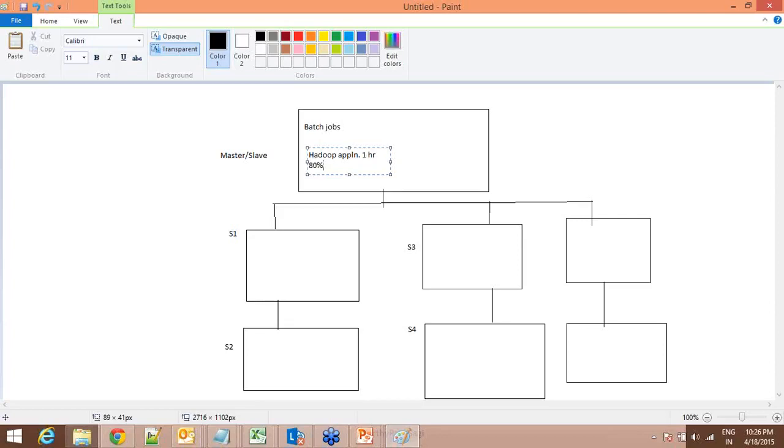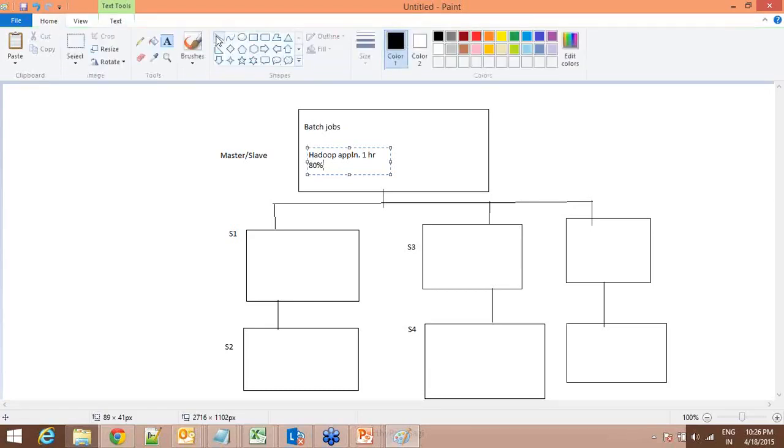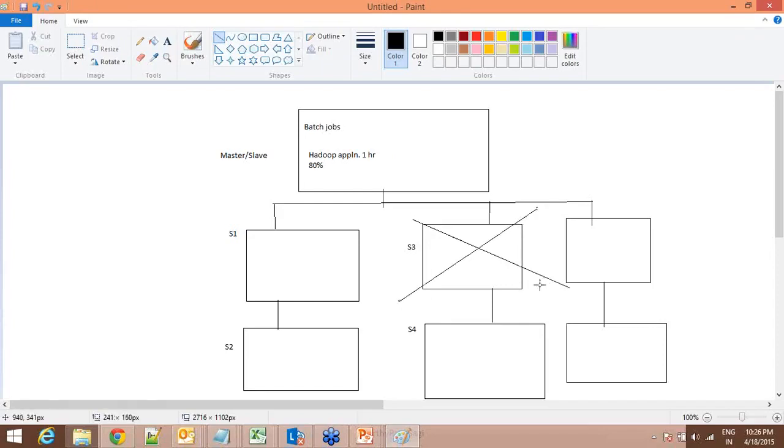In this scenario, again the same situation: one of the nodes in the cluster is dead, one or two nodes maybe.